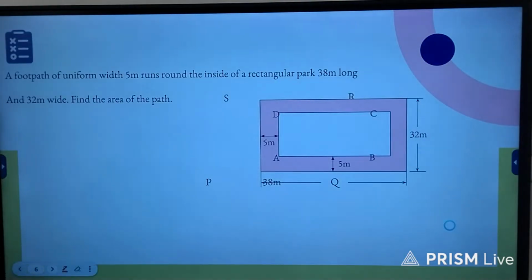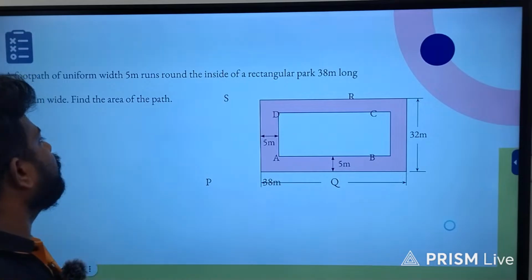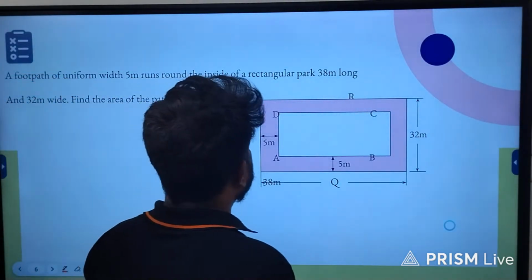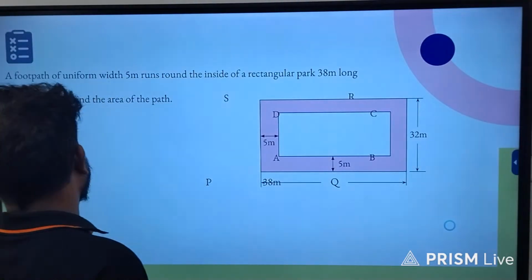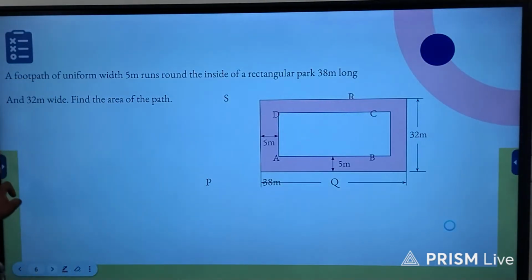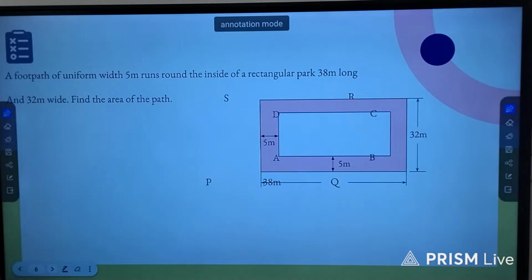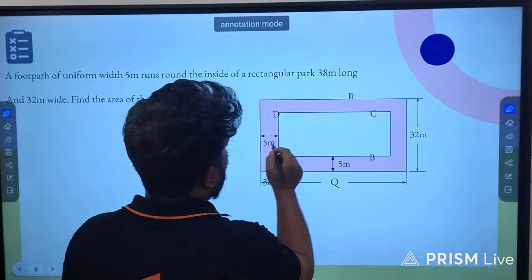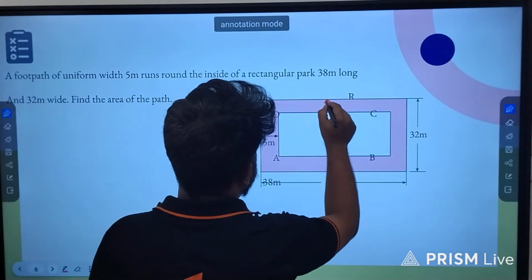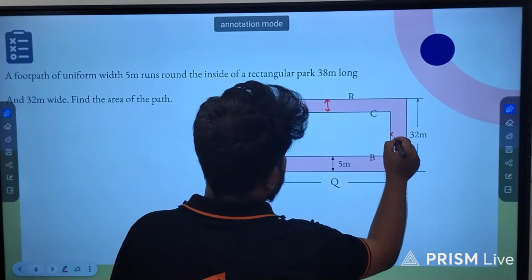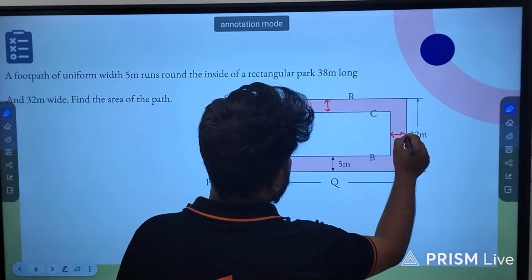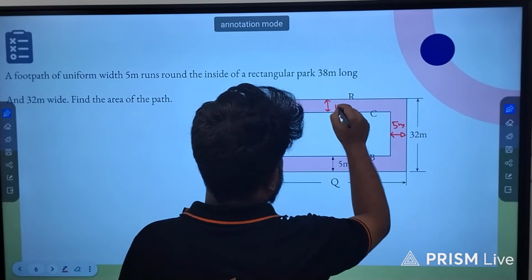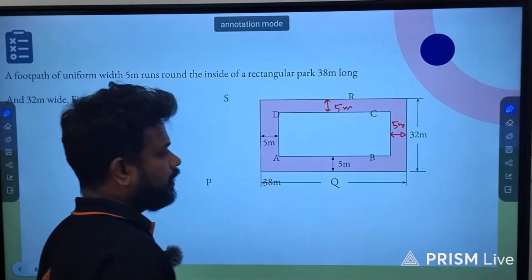A footpath of uniform width 5 meter runs around the inside of a rectangular park 38 meter long and 32 meter wide. Find the area of the path. So basically in this figure they are talking about a 5 meter path going all around the rectangular park.